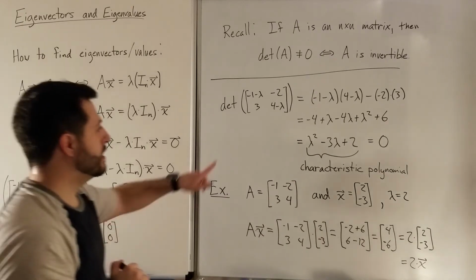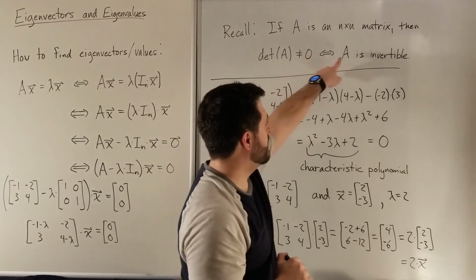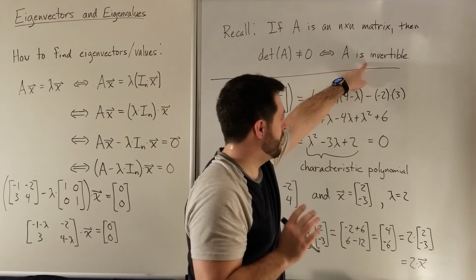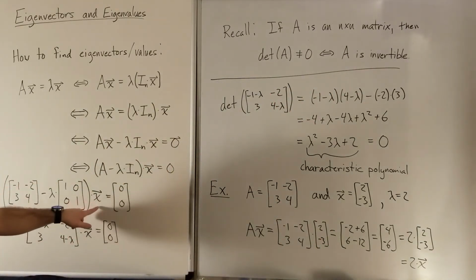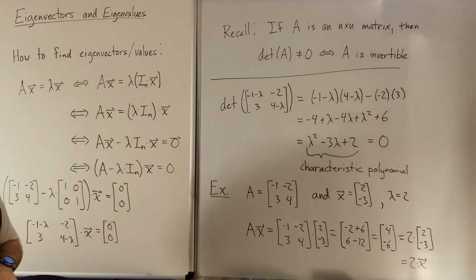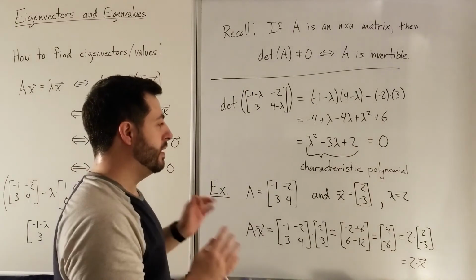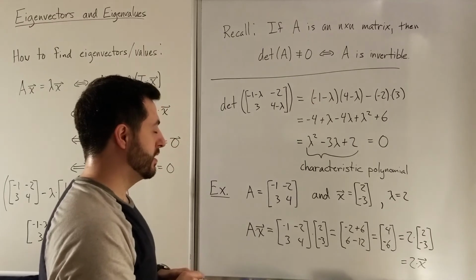Setting the determinant equal to 0, remember, is the same thing as saying our matrix A is not invertible, which is the same thing as saying that this equal to 0 has a solution, which is what we're looking for. We don't know what that solution is, but at least it has a solution.